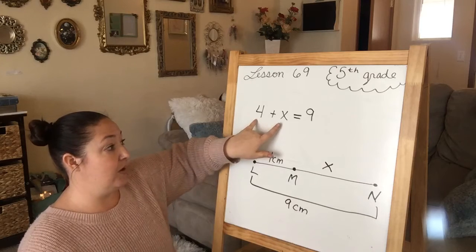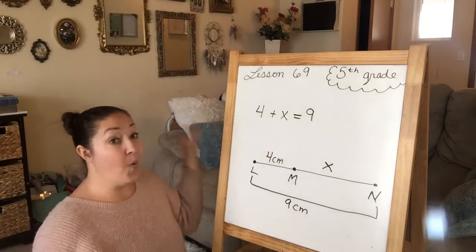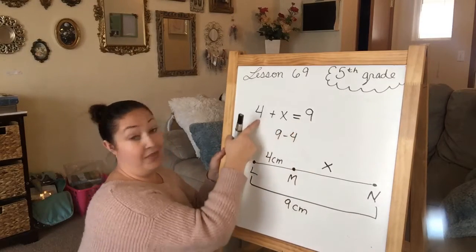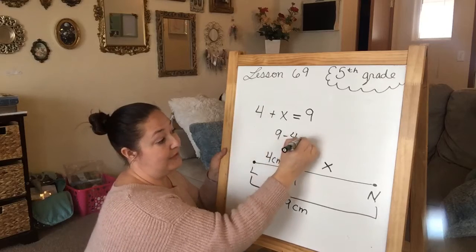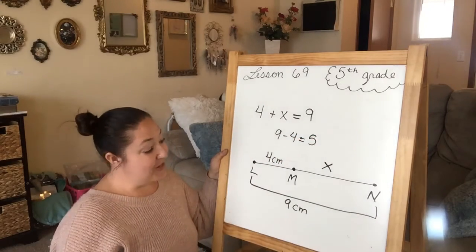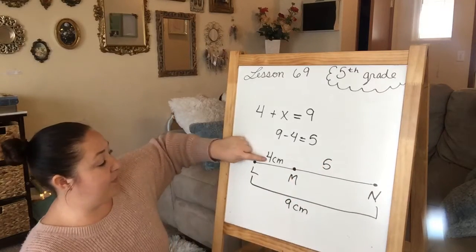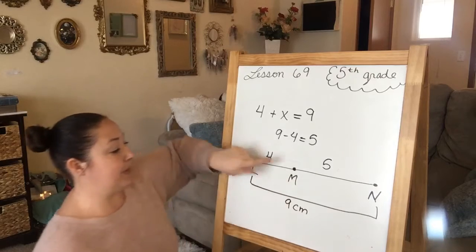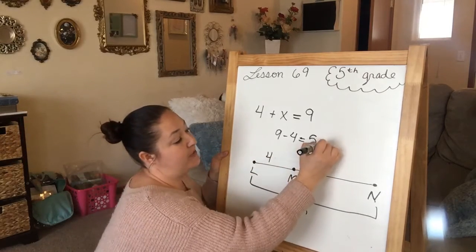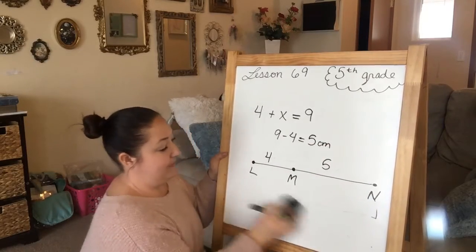Or you could say 9 minus the number we know, 4, equals what? 5 plus 4 is 9. So we know that X equals 5 because 4 plus 5 equals 9. Easy peasy. And we have to remember if we put centimeters. We always remember that.